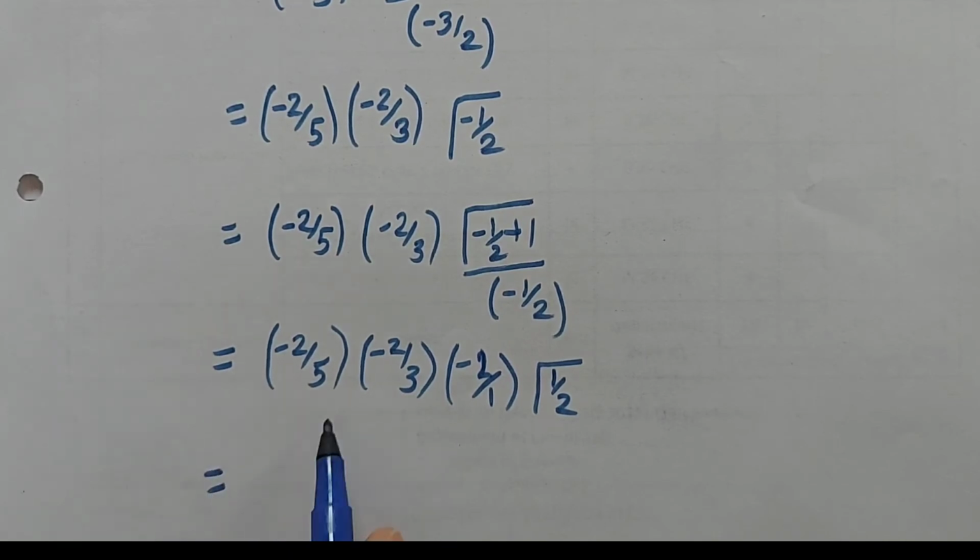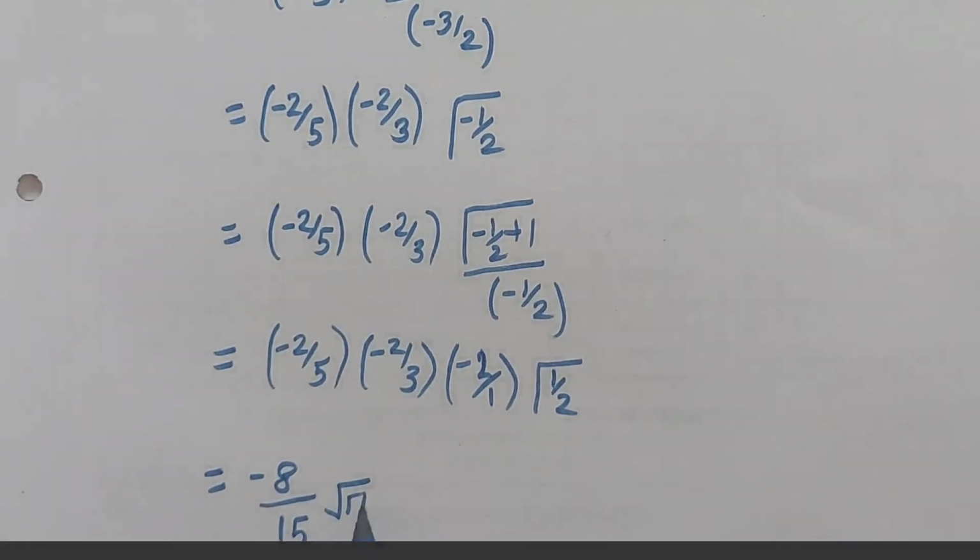That means the complete answer is 8. Here it is minus minus, so minus 8 divided by 15 under root of pi.